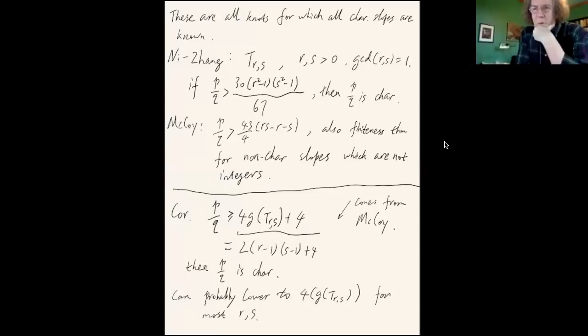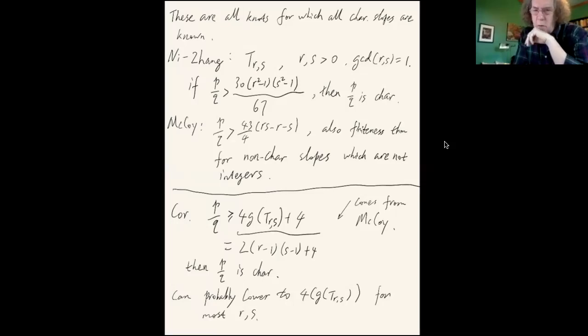Perhaps can I ask a quick question? Yeah. The final remark you made, that it's probably lower for most R, S: is there a heuristic why certain R, S would be exceptional, or is it something that comes out of the proof?